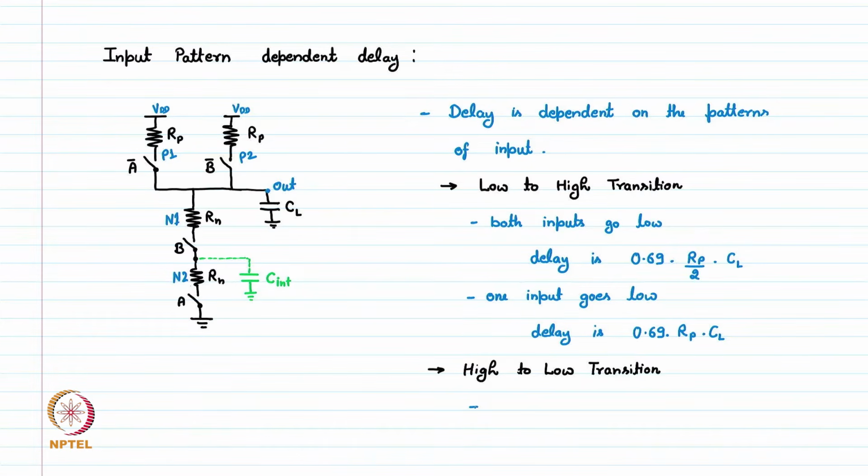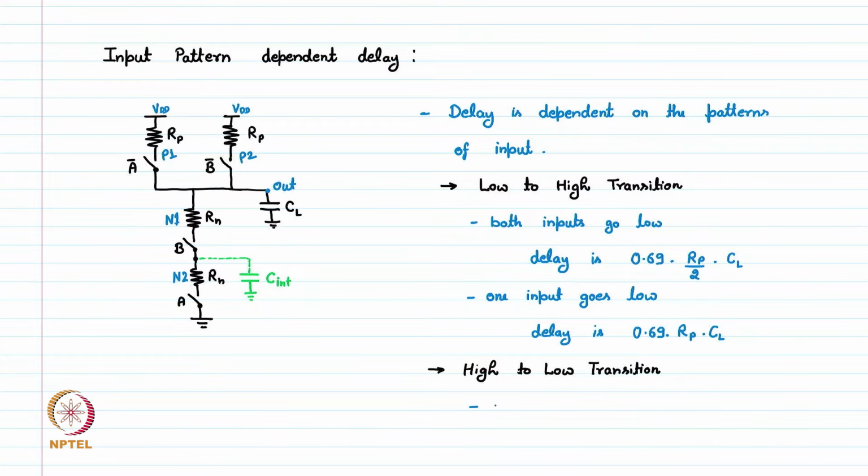This high to low transition can happen only when both of the signals A and B go high. It means N1 and N2 are both on, and only then the output will be pulled to ground through N1 and N2.